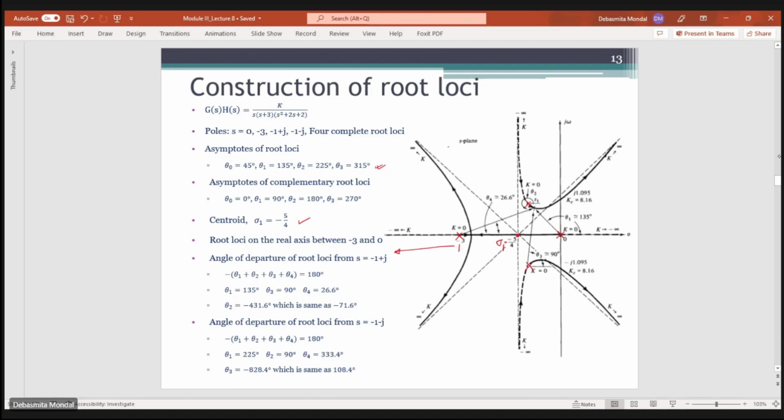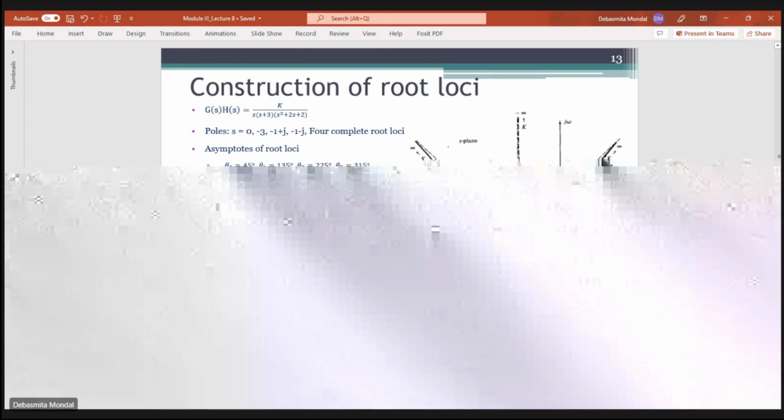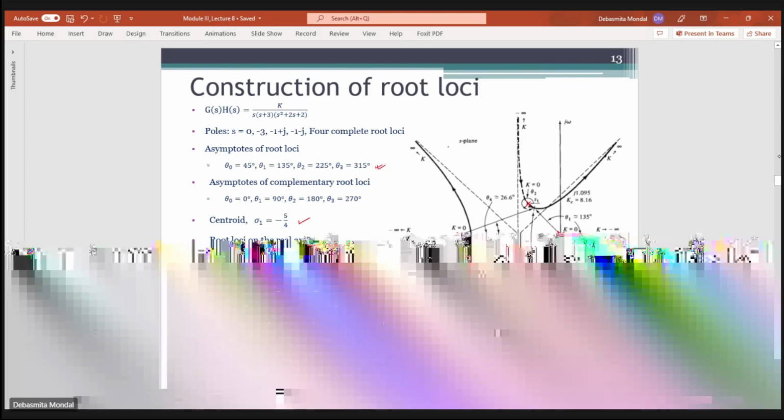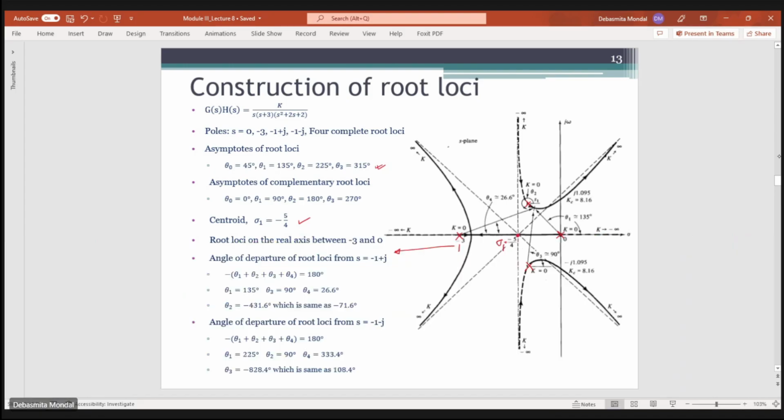Since we are considering this point S1 to be very close to S, for the sake of calculation you can take the value of S1 as equal to the pole that we are interested in. So from here you can find out the angle of these phasors.